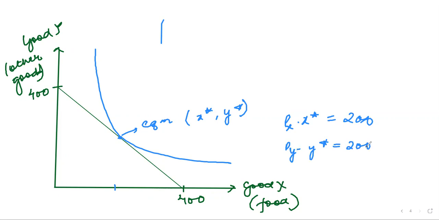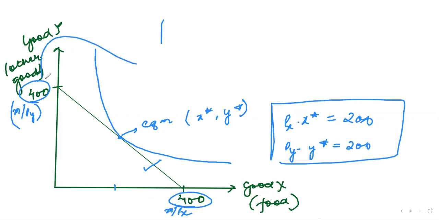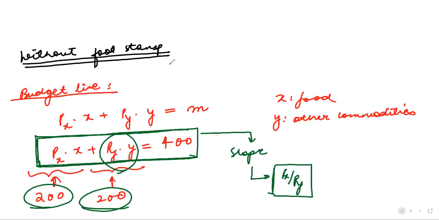Now, this is not required. They're just asking you to plot the budget line, and the budget line is always plotted by putting M by Px and M by Py. I am able to put 400 and 400 here only by assuming that Px is equal to Py is equal to 1, something not given in this question.